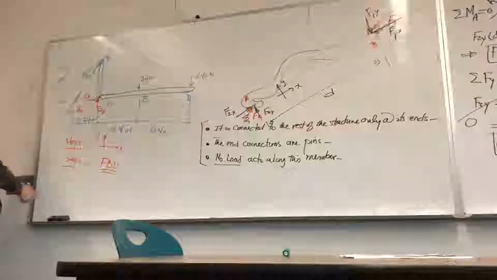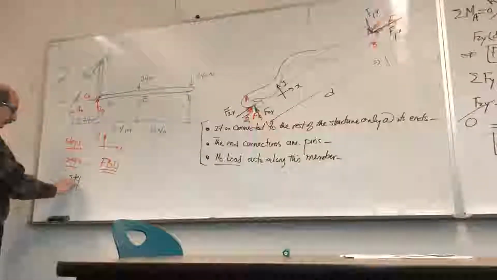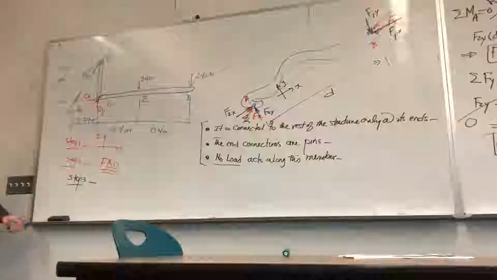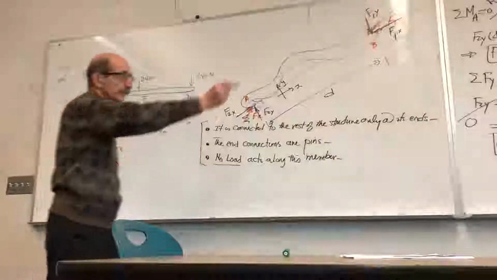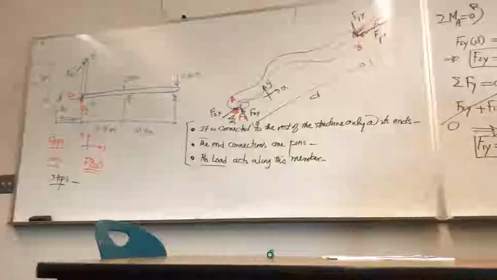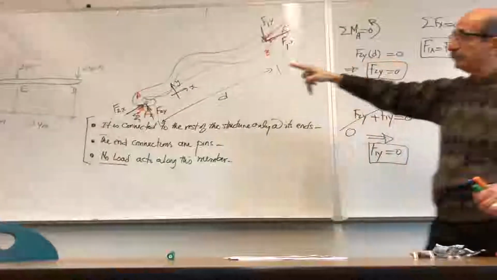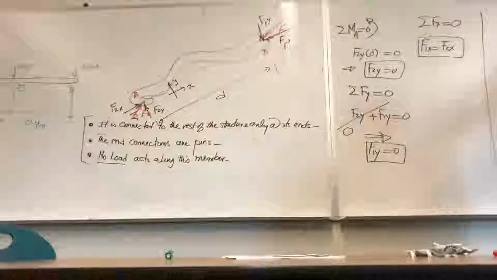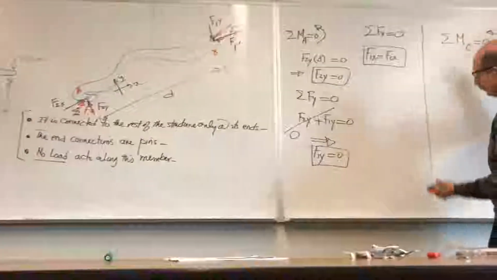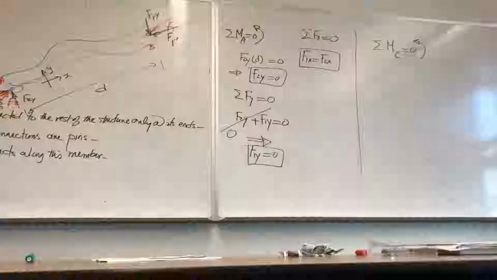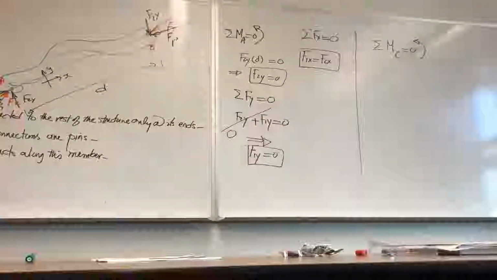And step 3 is what? Equations of equilibrium, right? And I will go here. So I can write summation of moments about a point where two unknowns intersect, and that point would be C, is equal to 0. But remember the three things that you always remember: same polygon, free body diagram, two force members.